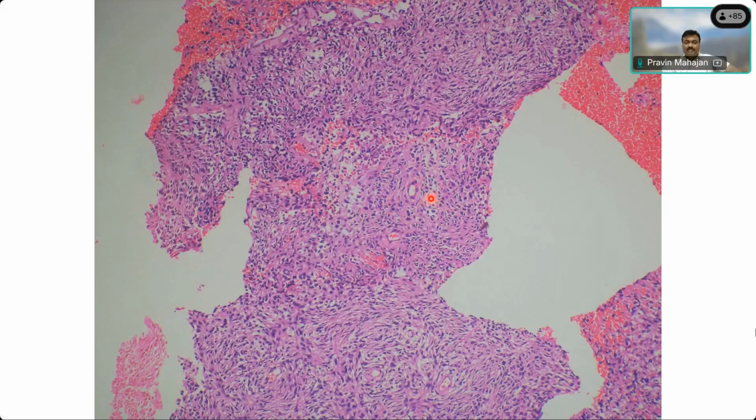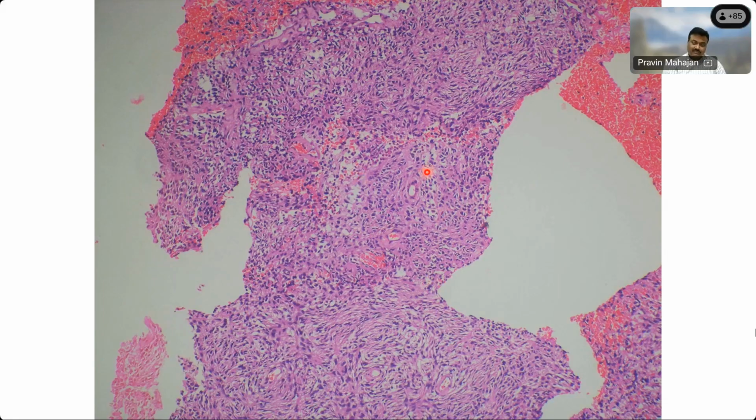It could still be spindle. If you cut it transversely, in cross section, the spindle cells will also look like round cells or epithelioid cells. So basically here you see spindle cell type morphology. Down here also you see spindle cell morphology with this nice storiform pattern which you rightly saw.